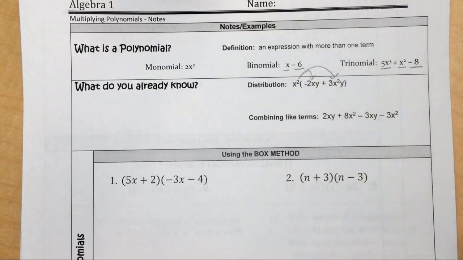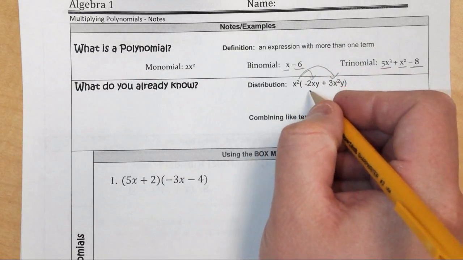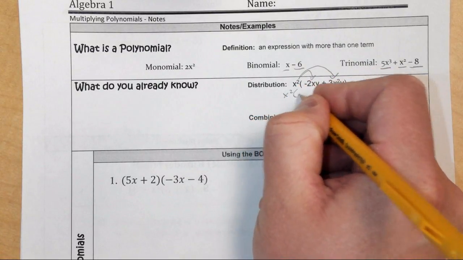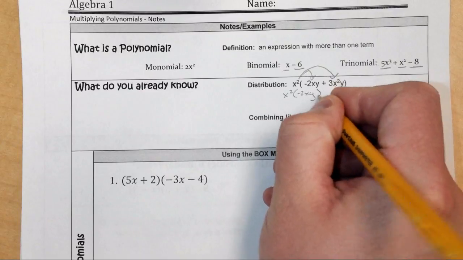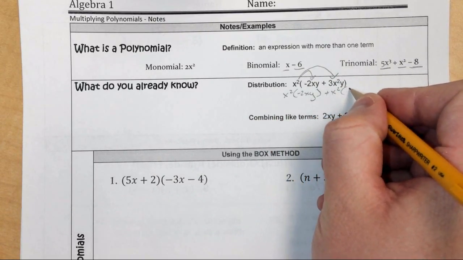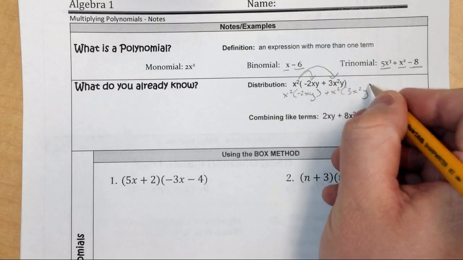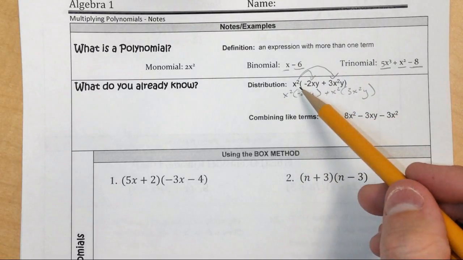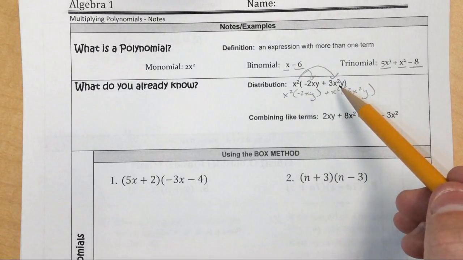And so as an example, and this is a little bit tricky example, I don't think I've done a problem this hard in this class, but if I had x squared, this is going to be like x squared times -2xy, and this is going to also be an x squared times 3x squared y. So the idea is I'm going to multiply this term into each of these terms.